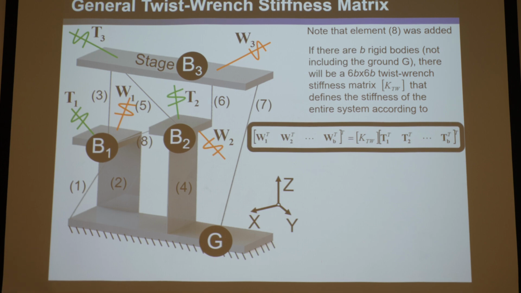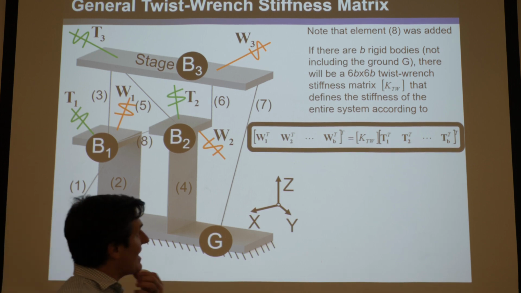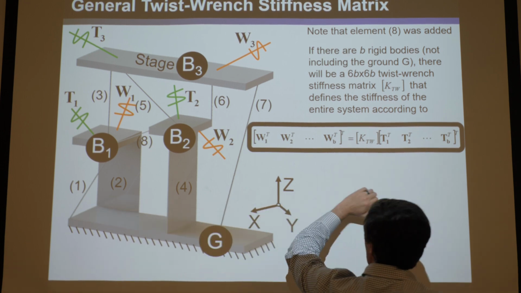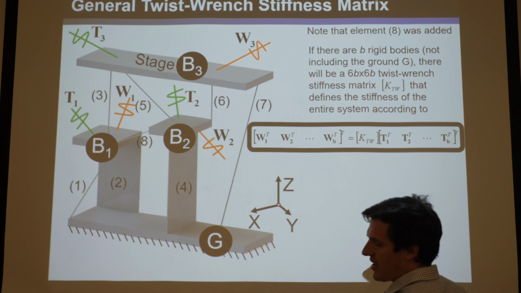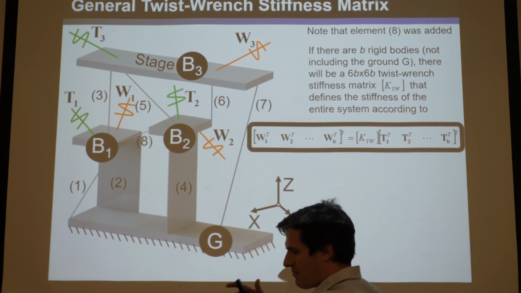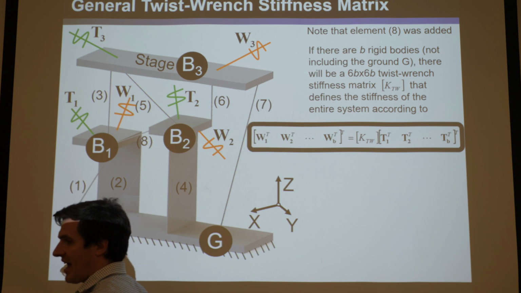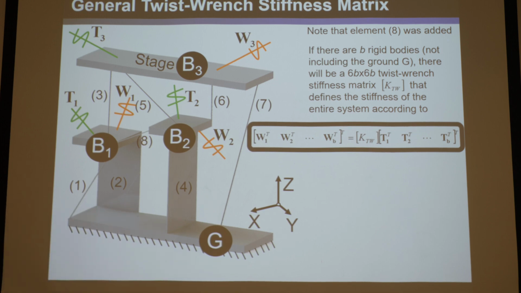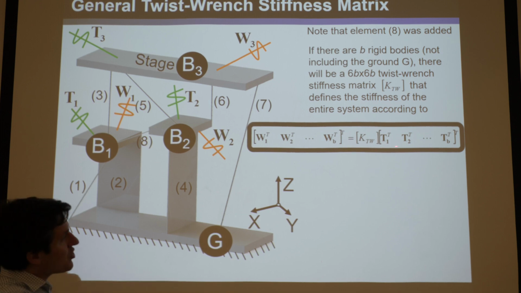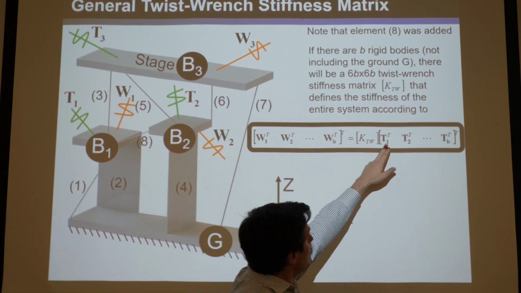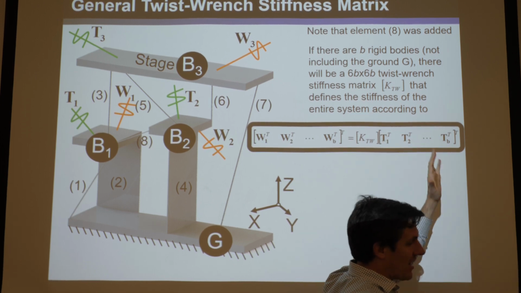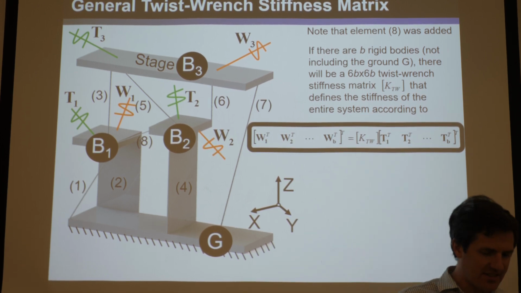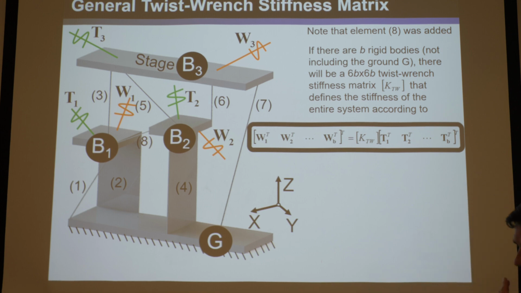The way it would mathematically be packaged is this: if there are 3 bodies, which is the case here, you take the number of rigid bodies and subtract 1 for the ground, so 3 movable bodies. Let's call that B. That means we want to track B twists, in this case twist 1, twist 2, and twist 3. That would be an 18 by 1 vector, because each twist is 6 components, 3 rotations and 3 translations.